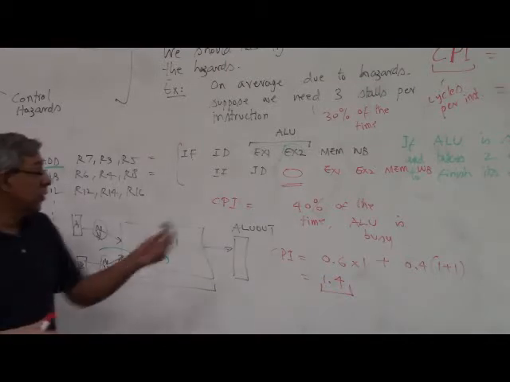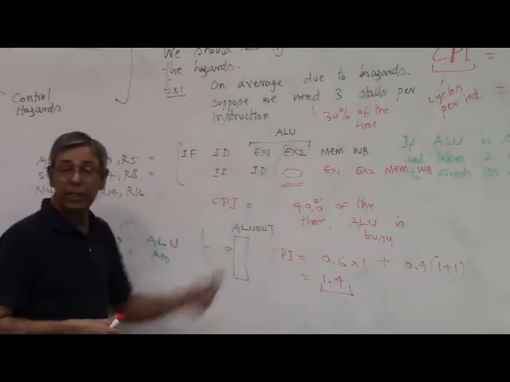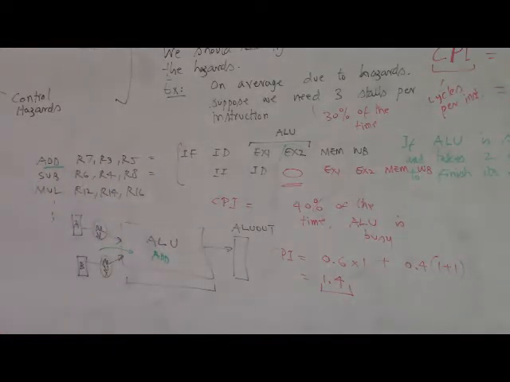So first of all, what kind of problem is it? Is it a data problem, a control problem, or a structural type of problem? It's the ALU, which is a resource, right? Remember, structural hazards occur because 2 instructions are trying to use the ALU, but we only have 1 ALU, so obviously one has to wait.